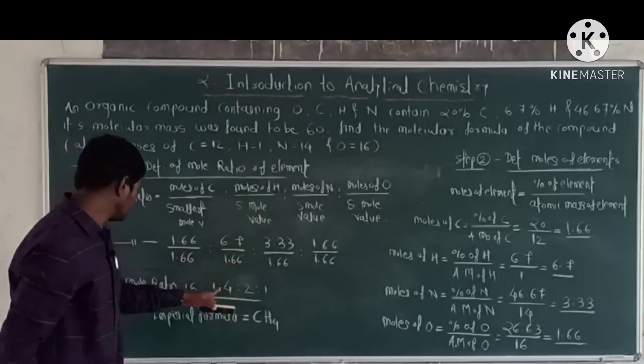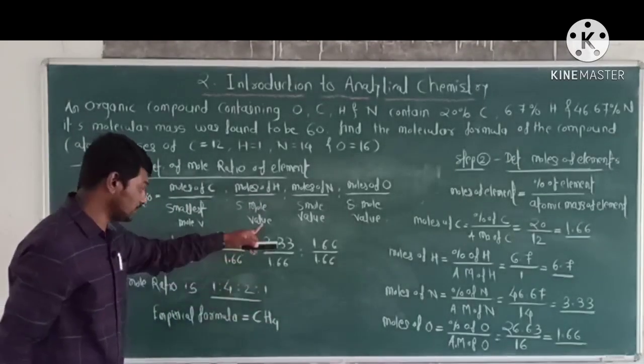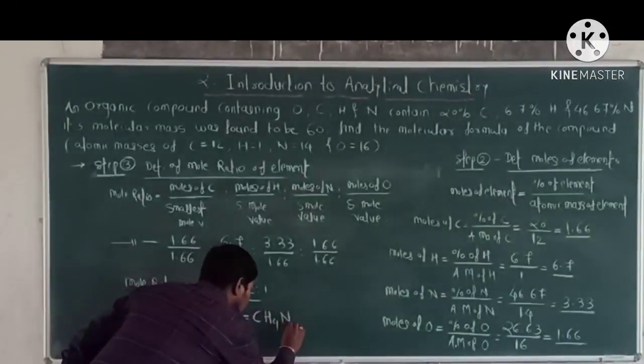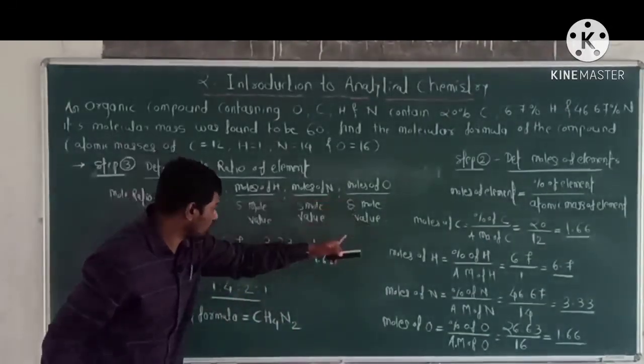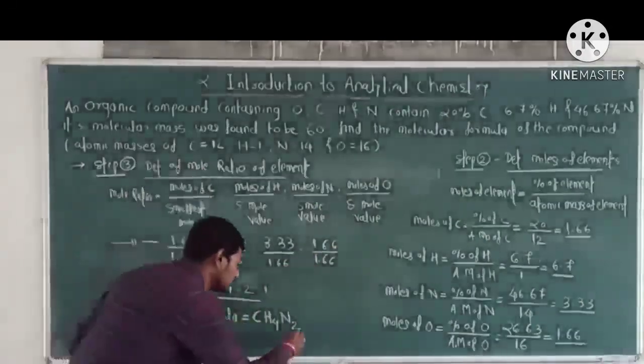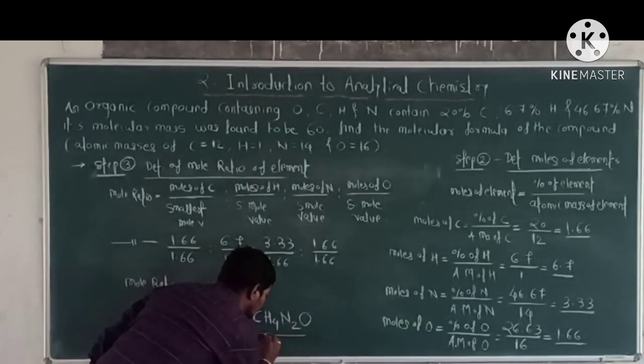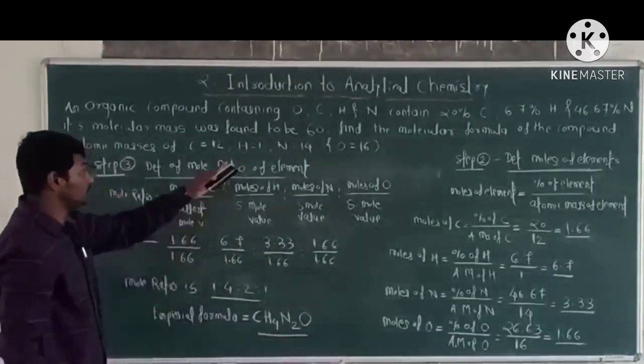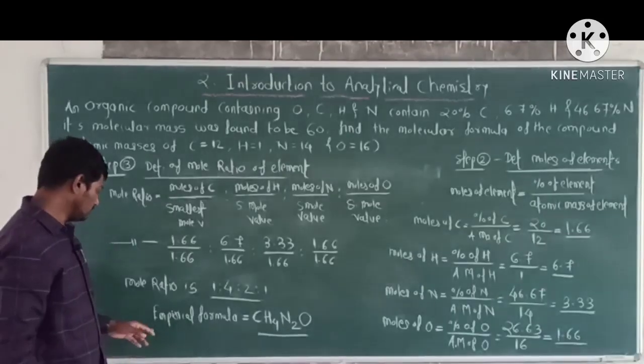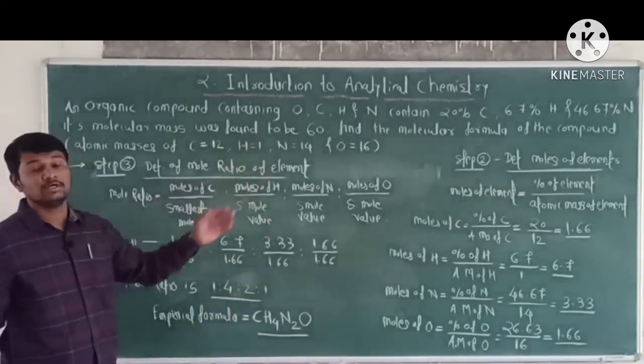The mole ratio of nitrogen is 2, that is N2. And the mole ratio of oxygen is 1, that is only one oxygen. This is the empirical formula of this compound.